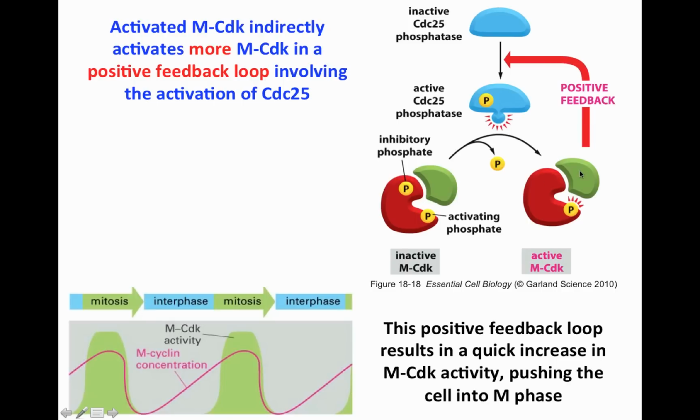So you have two different feedback loops, one positive feedback loop activating CDC25, so that will lead to more active M-Cdk, and a negative feedback loop activating APC, which leads to the destruction of the M cyclin.